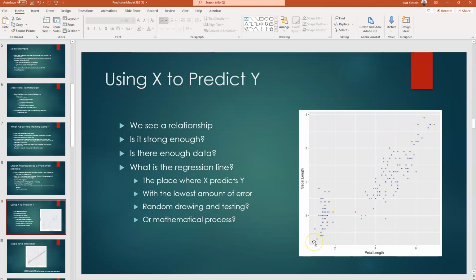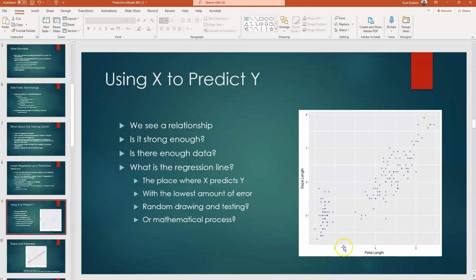Now, we don't just randomly draw a diagonal line and think it looks good. There is a very mathematical process for determining what that diagonal line should be. The simplest way of explaining it is: draw the line that is as close as possible to every data point. You can simply calculate that.